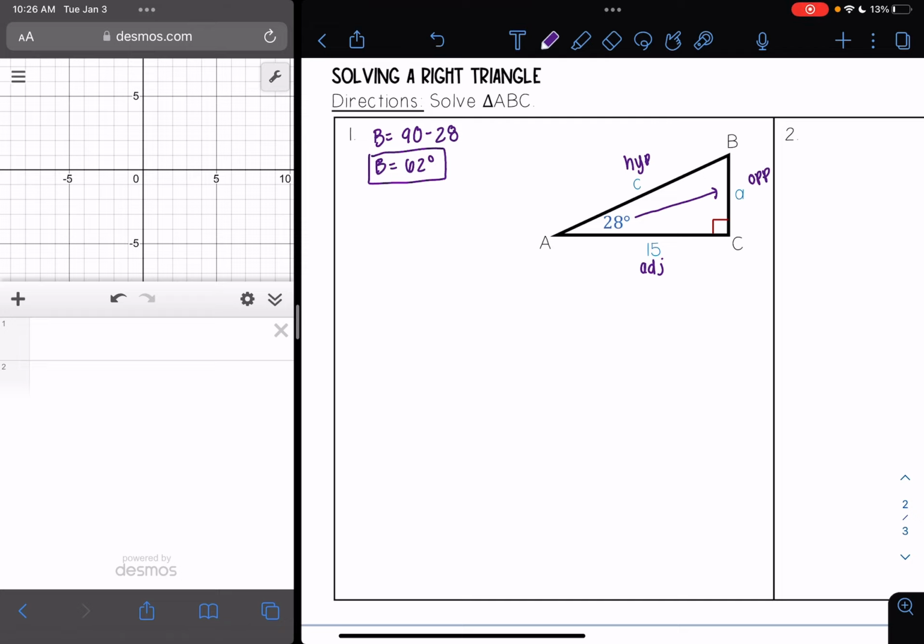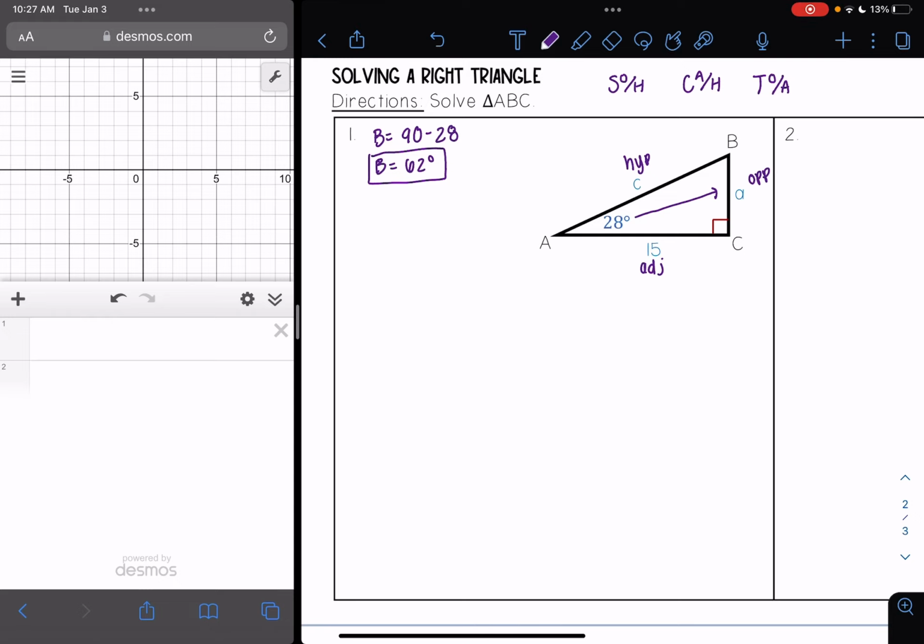So there are several different ways that you can go about doing this. First thing I noticed is I could go ahead and do tangent of 28. So I can remember SOHCAHTOA again. Since I'm given my adjacent side, I automatically know I need to use cosine or tangent, because I don't know my opposite and hypotenuse, so I can't use sine to figure anything out.